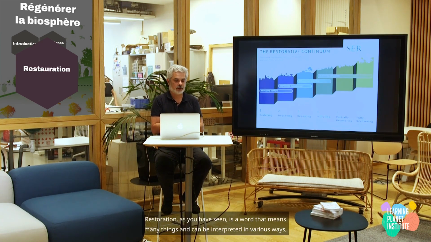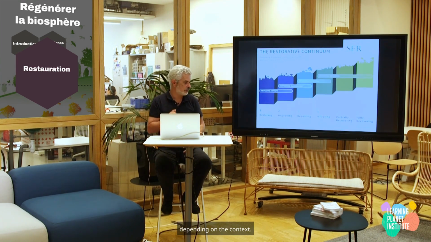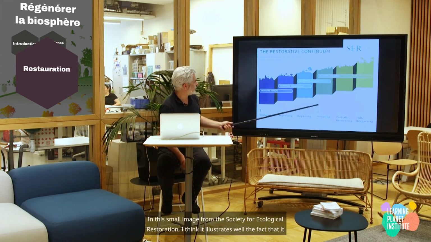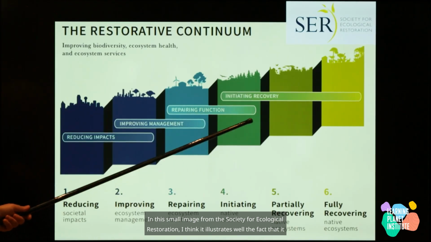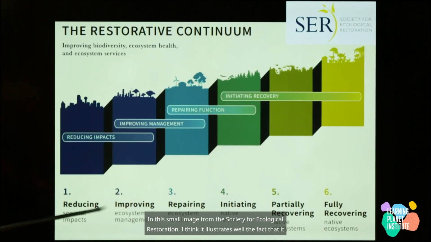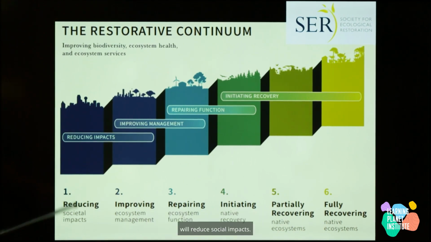Restoration, as you have seen, is a word that means many things and can be interpreted in various ways depending on the context. In this small image from the Society for Ecological Restoration, I think it illustrates well the fact that it will reduce social impacts.